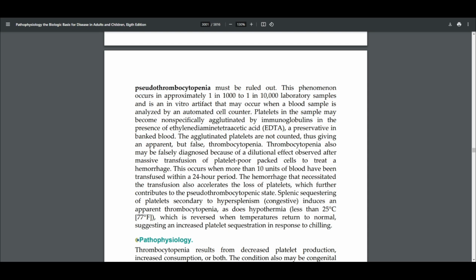Platelets in the sample may become nonspecifically agglutinated by immunoglobulins in the presence of ethylenediaminetetraacetic acid, or EDTA, a preservative in banked blood. Agglutinated platelets are not counted, thus giving an apparent but false thrombocytopenia.